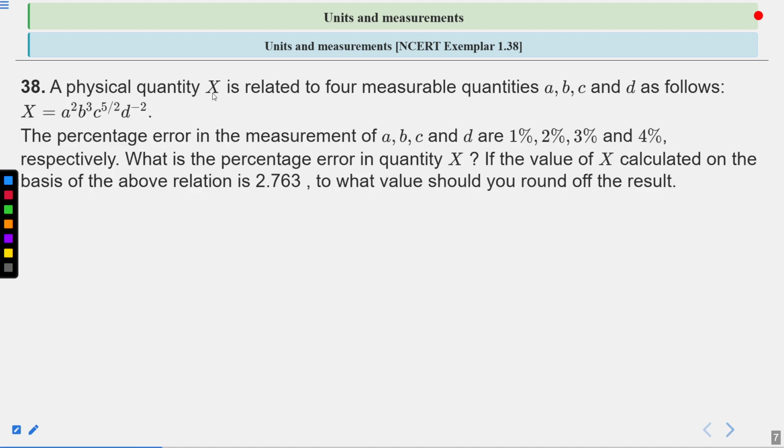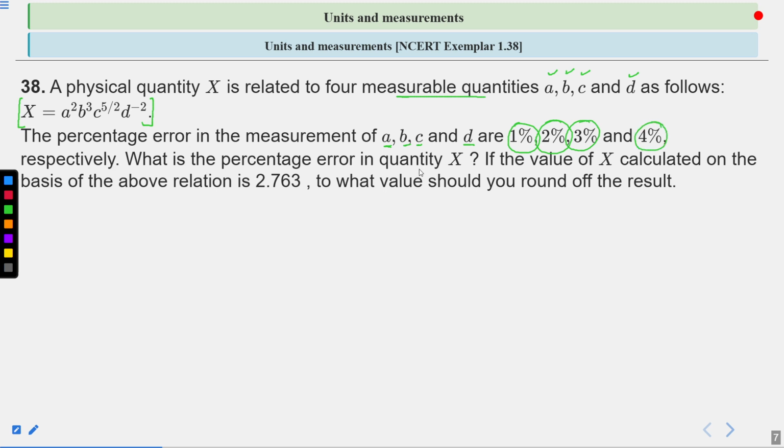A physical quantity X is related to 4 measurable quantities A, B, C and D as follows. The relation is X is equal to A square B cube C raised to the power 5 by 2 and D raised to the power minus 2. The percentage errors in the measurement of A, B, C and D are 1%, 2%, 3% and 4% respectively.